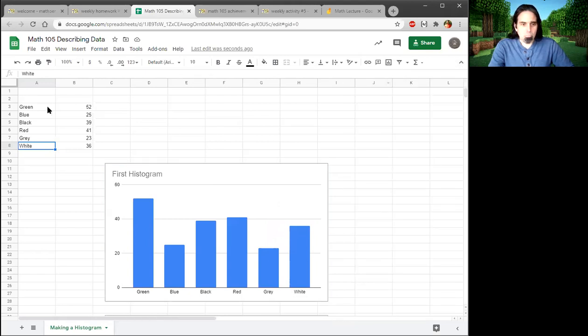So I'm going to just put that with a different background color to kind of keep track of it. This is not necessary, but this is sort of what the automatic chart is looking at, are these gray background cells.